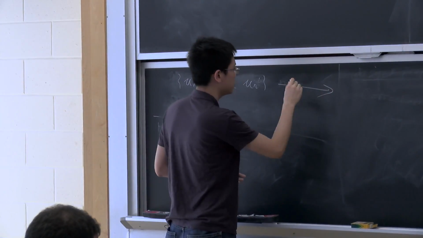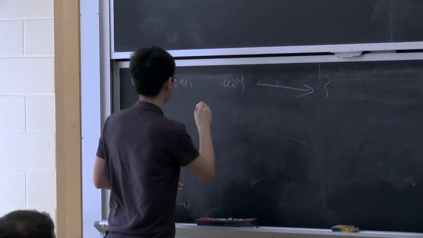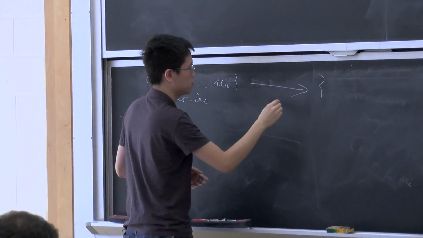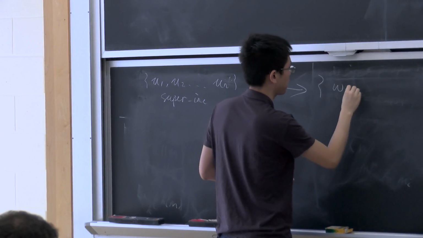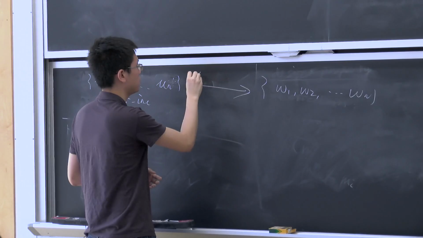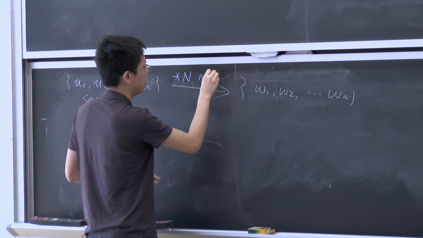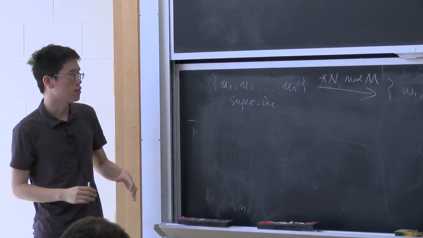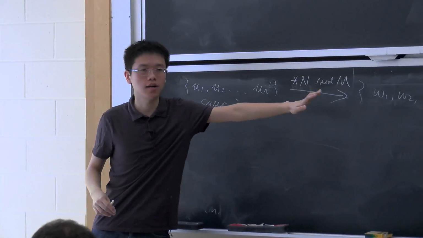This is a super increasing sequence. I'm going to transform it into a general one by multiplying by n and then mod m. So this is an easy problem, and that is a hard problem.